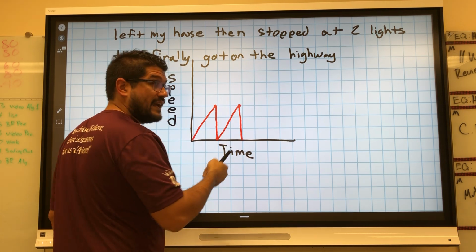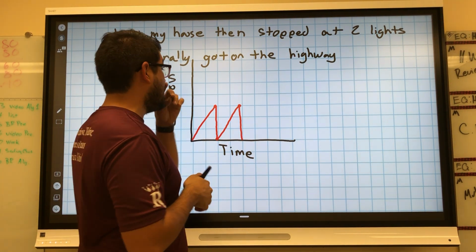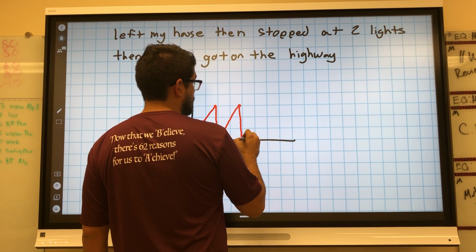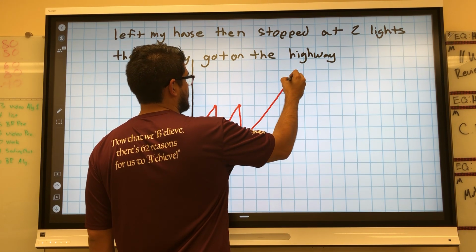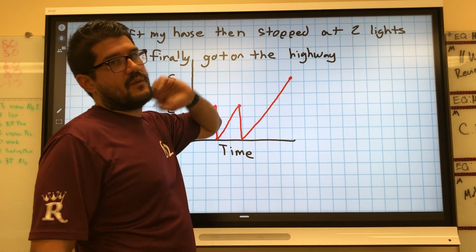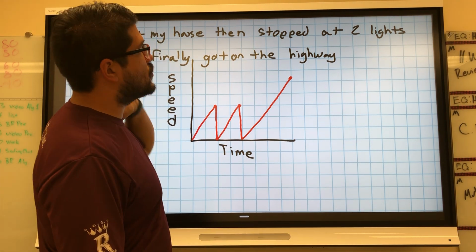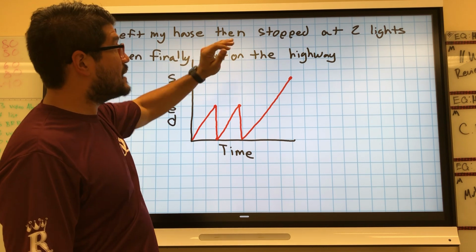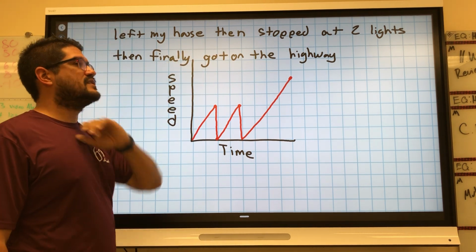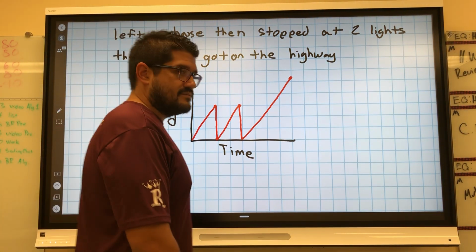Why? Because for 2 lights, I had to stop at 2 lights. Then I finally went to the highway, so then I accelerated, because when you're on the highway, you're going faster than when you're on regular streets. And that would be my graph for the story that's up here, where it says left my house, then stopped at 2 lights, then finally got into the highway. And that's it. That's all you gotta know.